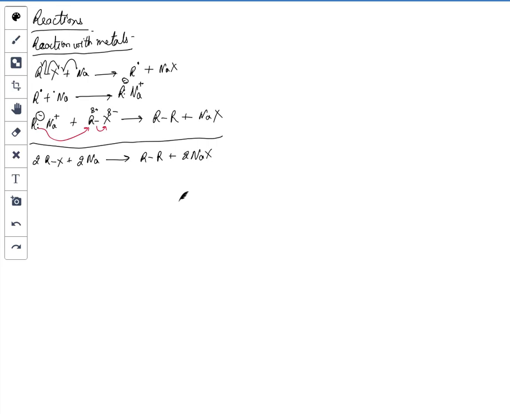Any confusions here? What's the name of this reaction? A very famous reaction. Maybe you have done it like this.